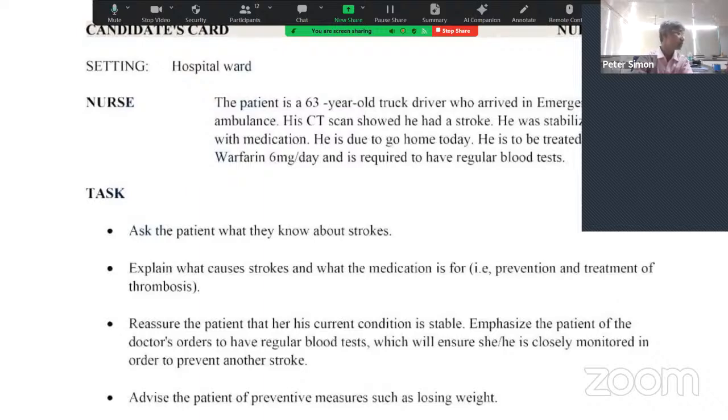We'll give some fictional name of a nurse. Somebody suggest a name?